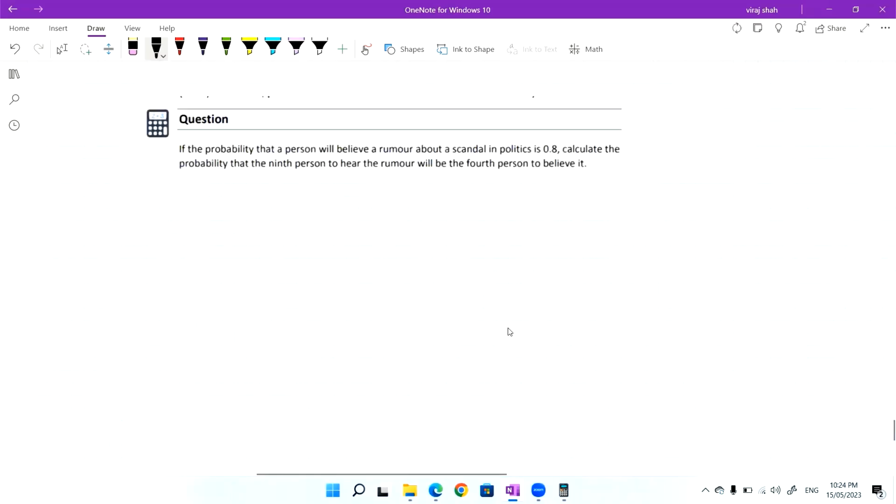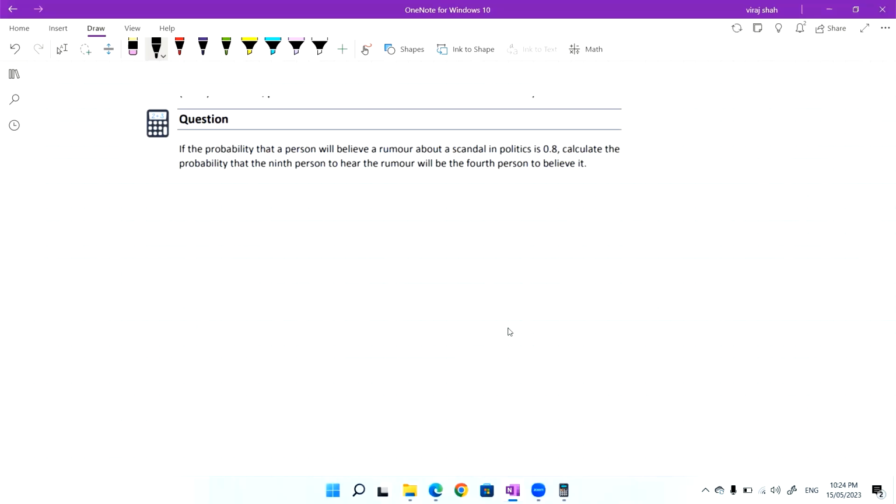Moving to the second question now. If the probability that a person will believe a rumor about a scandal is 0.8. So there is a rumor about a scandal which is going on. The probability is 0.8. In that case, calculate the probability that the 9th person to hear the rumor will be the 4th person to believe.